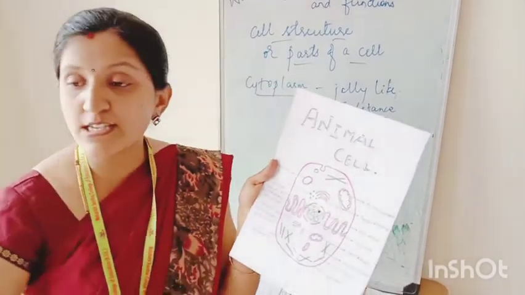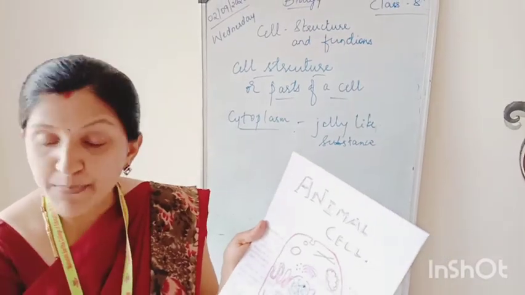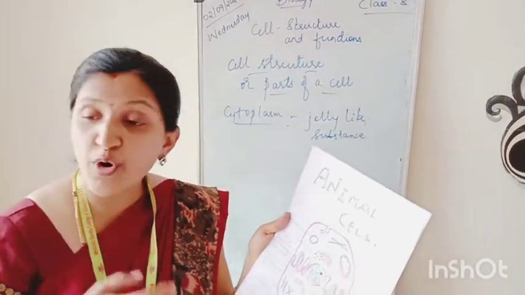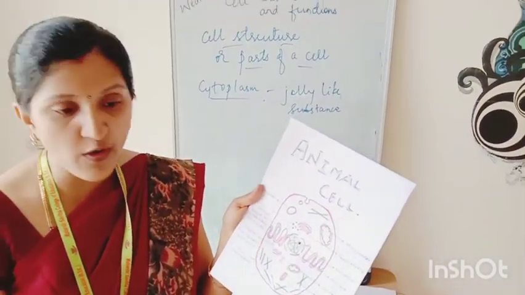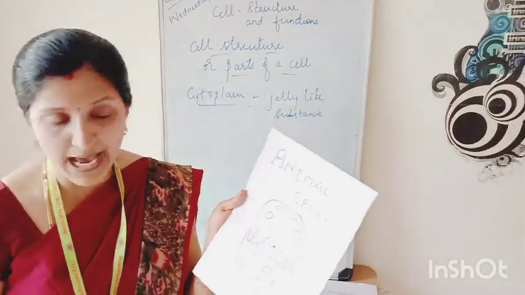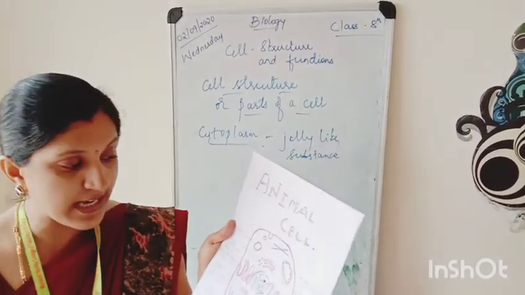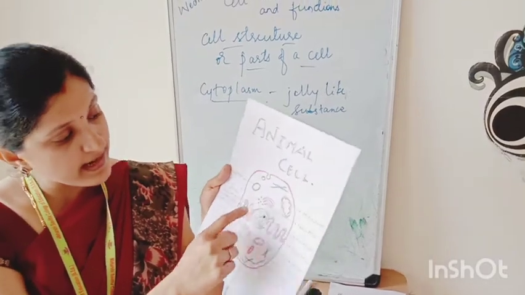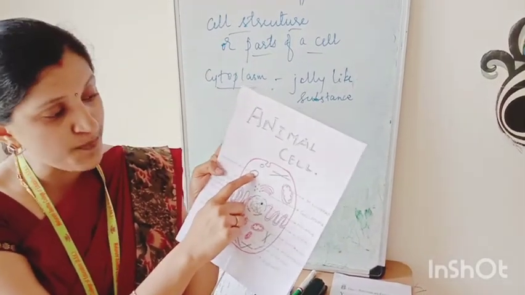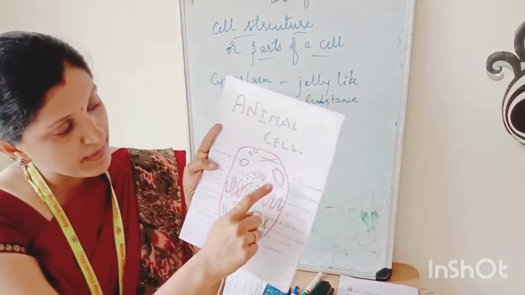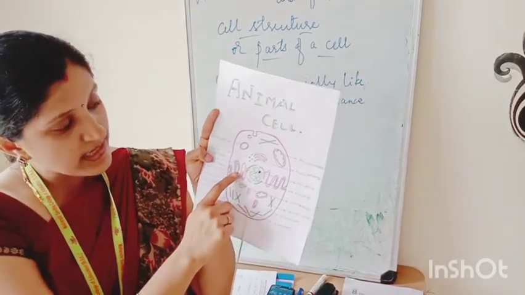Protein synthesis is happening through ribosomes. Then replication of DNA is happening. I will teach you about the nucleus also. Then there are lysosomes, mitochondria, Golgi complex, and endoplasmic reticulum.